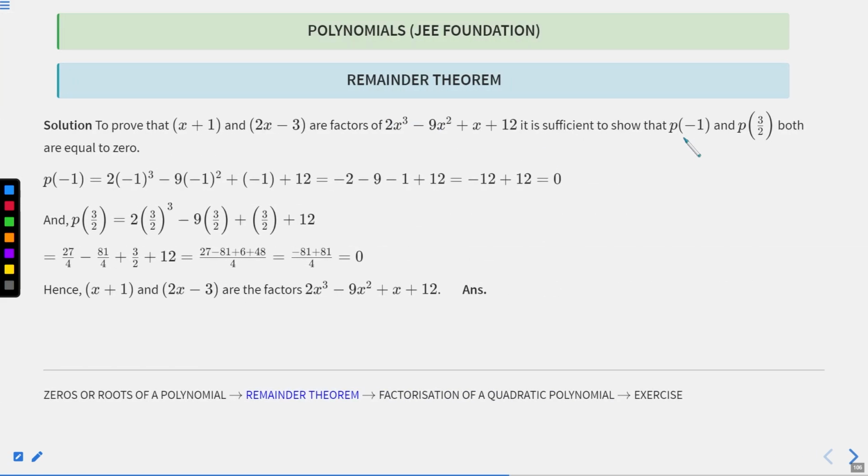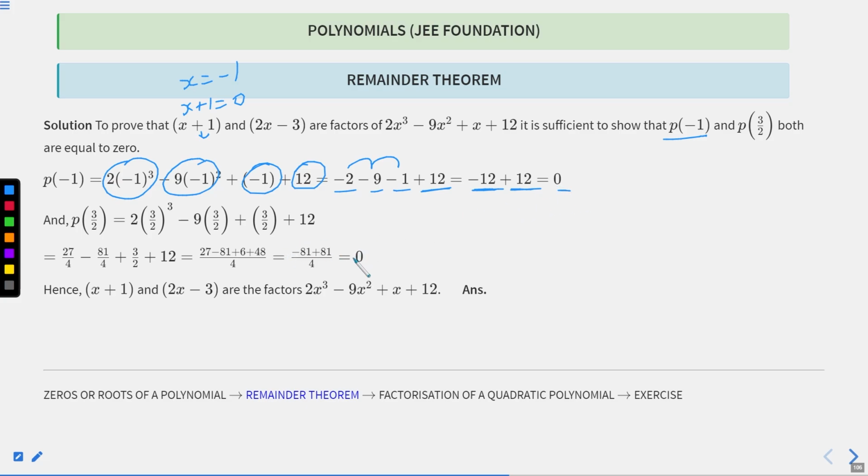Taking p(minus 1), that is taking x plus 1 equal to 0, implies x is equal to minus 1. So p(minus 1) is 2 times (minus 1) cube minus 9 times (minus 1) whole square plus minus 1 plus 12. So this will become minus 2, this will become minus 9, this will become minus 1, this all remains untouched. So adding this in negative, I will get minus 12 plus 12 which is equal to 0.